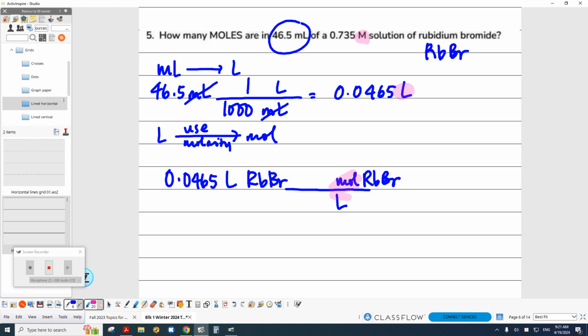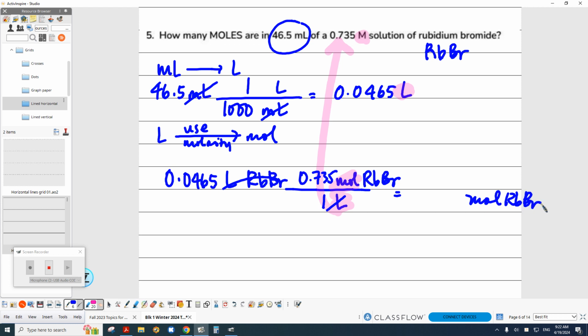Moles per liter. Oh, that's the molarity. 0.735 moles per liter. Liters cancel out. We're left with moles of rubidium bromide.